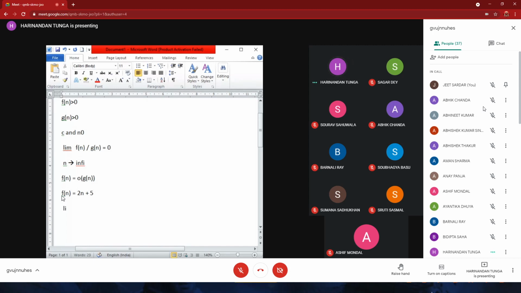We take the limit as n tends to infinity of Fn divided by Gn.